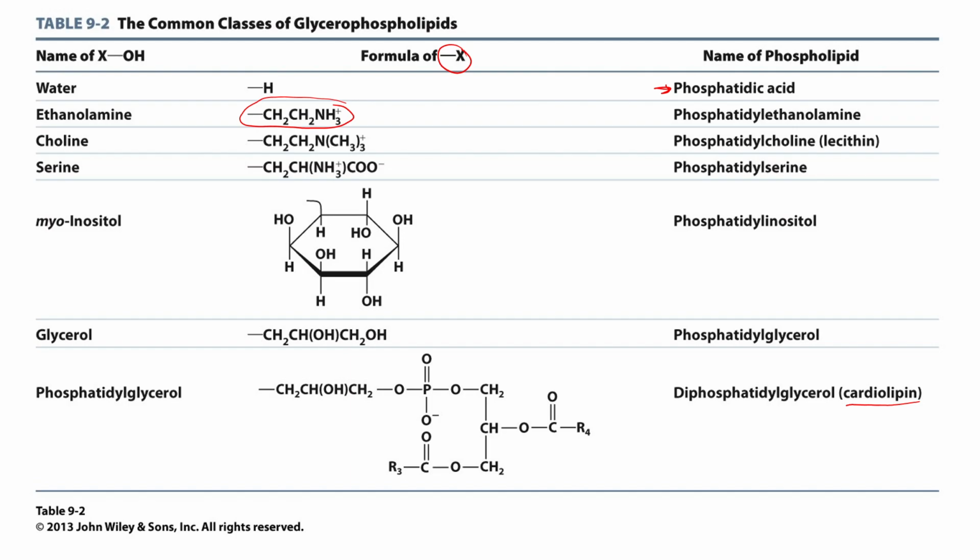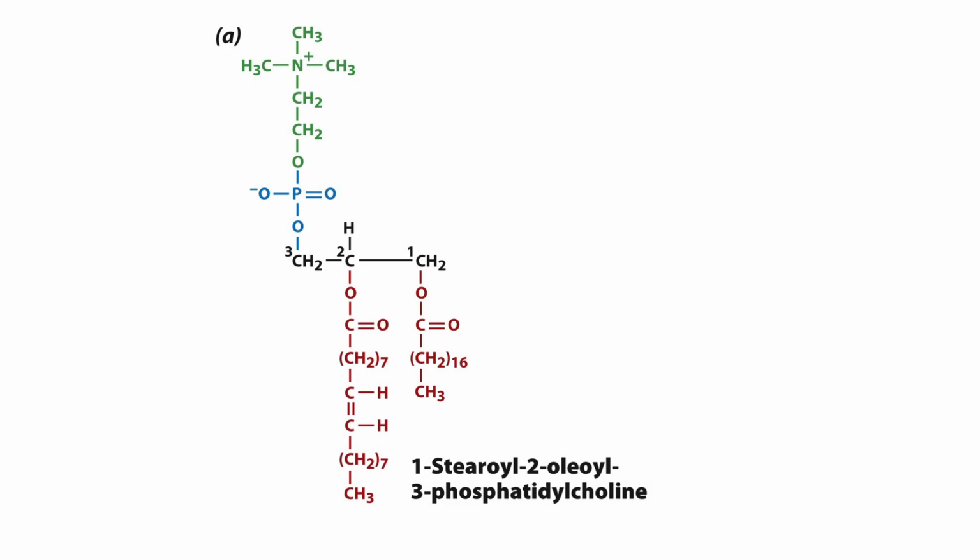But you will definitely encounter these again when you start looking at components of cell membranes. So let's look at this particular example and start breaking it down. So we have our central glycerol, right? Remember, this is a glycerophospholipid. It's all in the name, right?